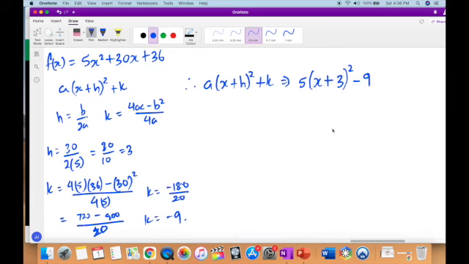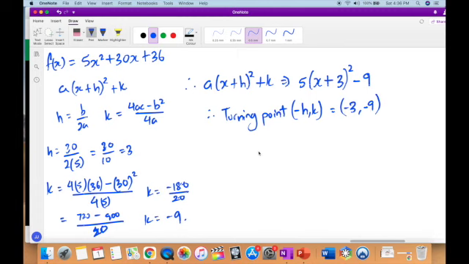Alright, so did you all get that for your completing the square? Yes, sir. Alright, good. So therefore the turning point is minus h, k, which will be negative 3, and then k is negative 9.